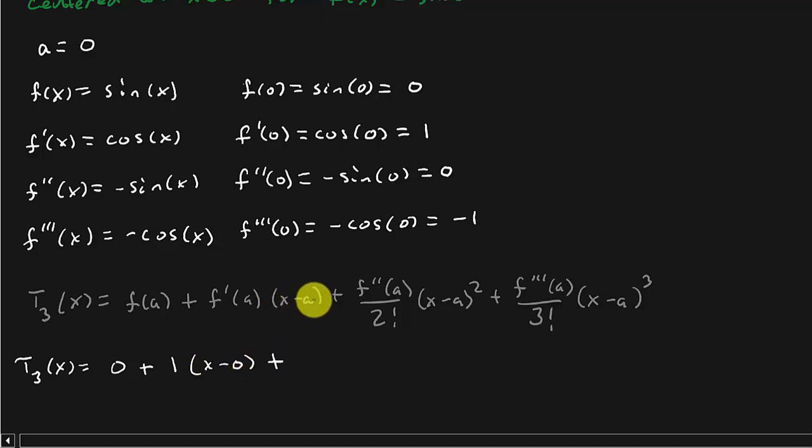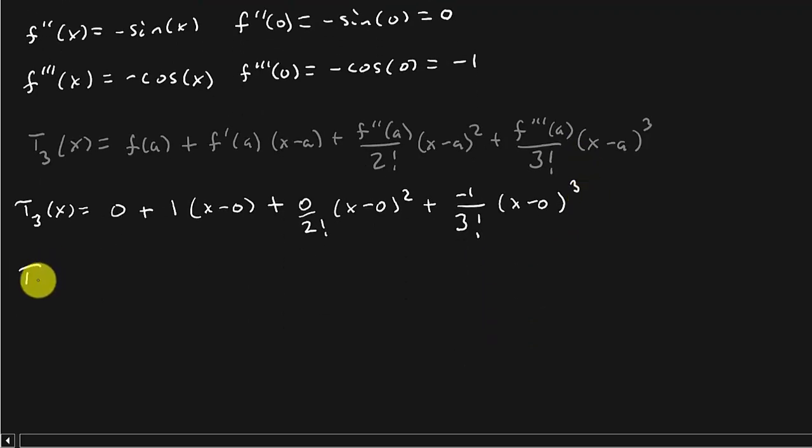So I plug the 0 in for a, and then plus f double prime. So that's going to be 0 over 2 factorial times x minus 0 squared, plus f triple prime of a, which is negative 1 over 3 factorial times x minus 0 cubed.